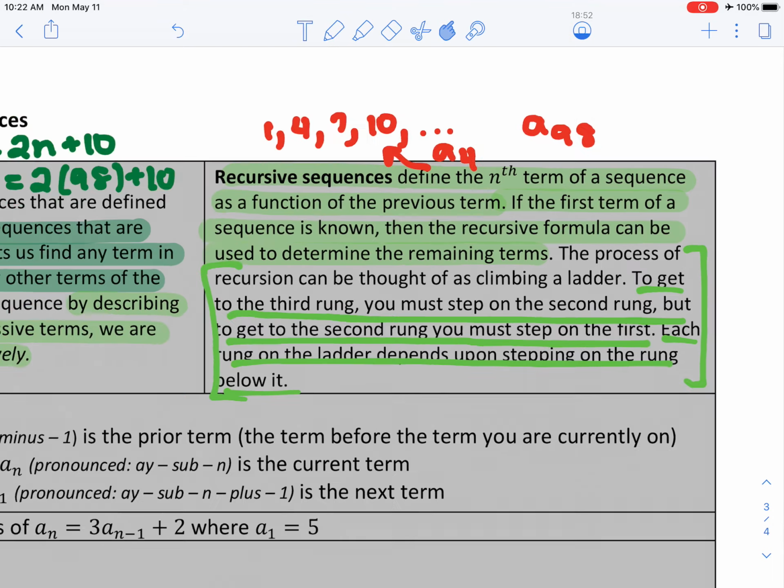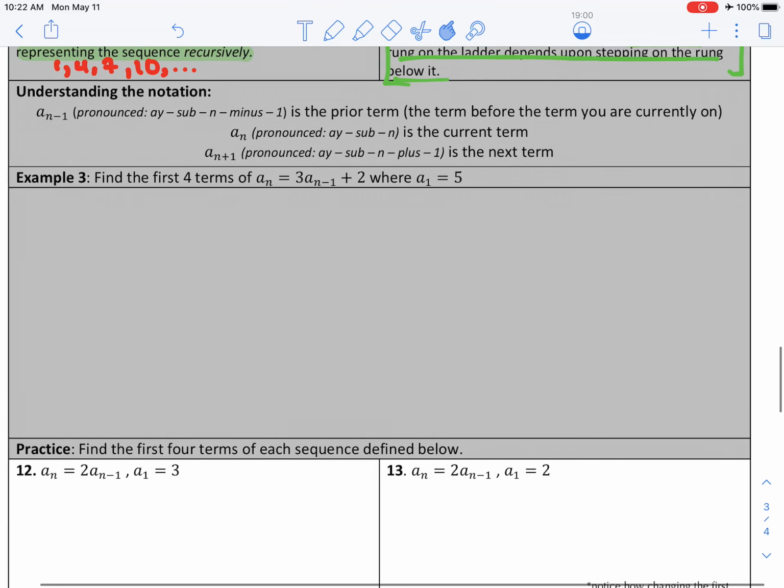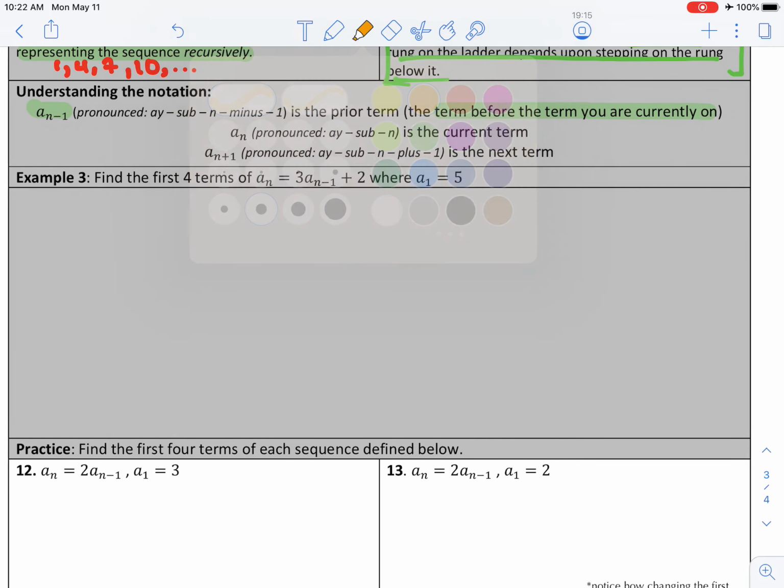So we're going to look at some notation really quickly before we look at an example. Here we have the notation a sub n minus 1, and that means we're looking at the term before the term we are currently on. So in our example up here, if I'm looking at 7, the a sub n minus 1 term, the term before that, would have been 4.